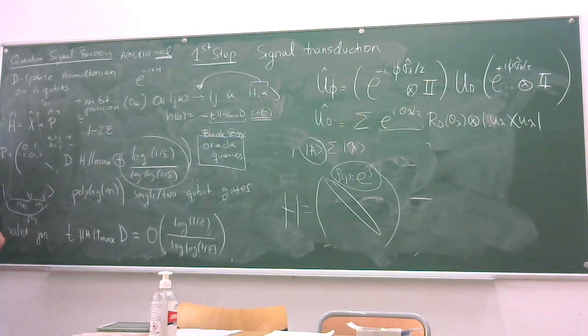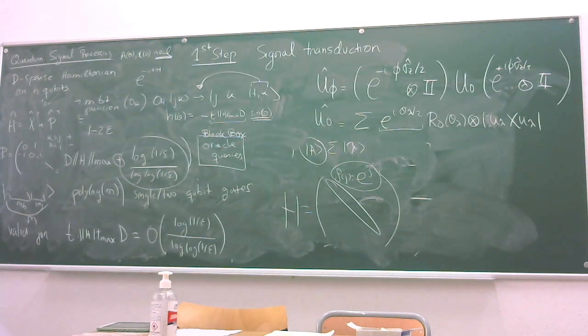If the sparsity is not small enough compared to the dimension, then this is going to become exponential. And there might be alternative ways of simulating that kind of Hamiltonians. This is one of the ways.